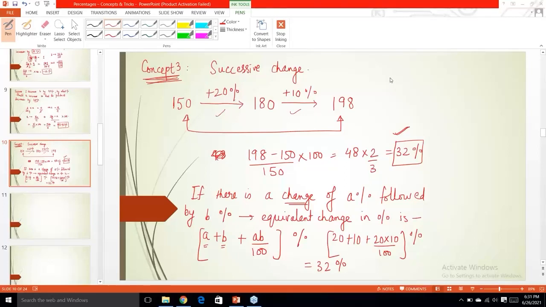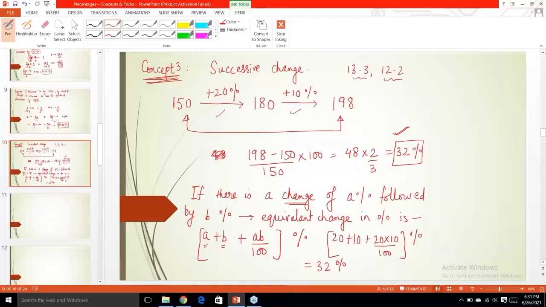And if you're using multiplying factor concept, then as I said, if the numbers are very simple, then you don't need this shortcut anyway. But if the numbers become complex, then using multiplication will be sort of difficult, right? Then you can directly use this, because if increases are like 13.3 and 12.2, then adding 13.3 and 12.2 is simpler rather than doing 1.133 into 1.122, right?